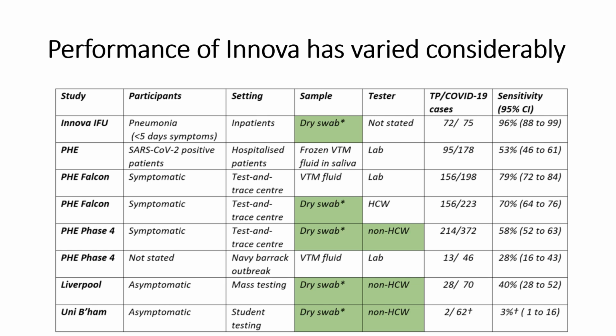The test has been used sometimes according to instructions, that's the green boxes, the dry swabs, but sometimes it's been the viral transport media which has been tested, and who's done the test, whether it's the healthcare workers, or the non-healthcare workers, which is how we're expecting it to be used nowadays, or whether it was actually run by lab scientists. And then the findings, and we've seen sensitivity values range from 96% down to 3% for how well we've seen this test work in practice.